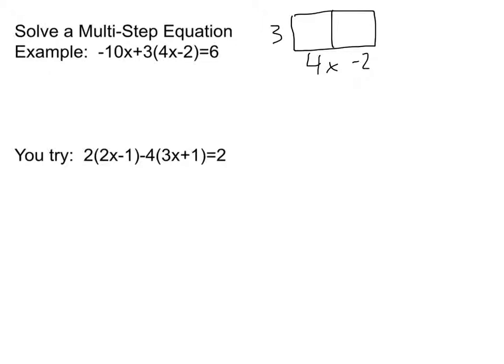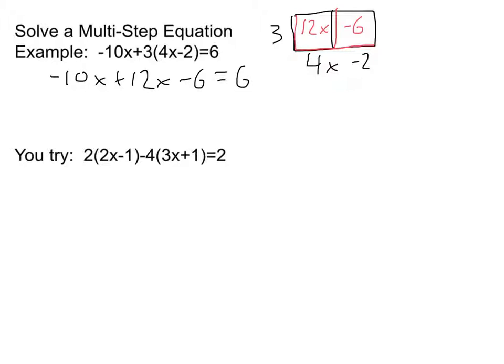So 3 times 4x to give me the area of this would be 12x. Then 3 times negative 2 is negative 6. Okay, so I'm going to take that and put it in the equation. I have negative 10x plus 12x minus 6 equals 6.